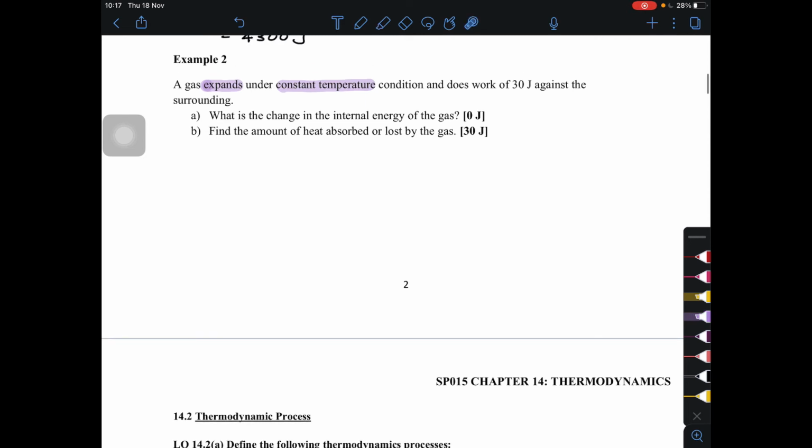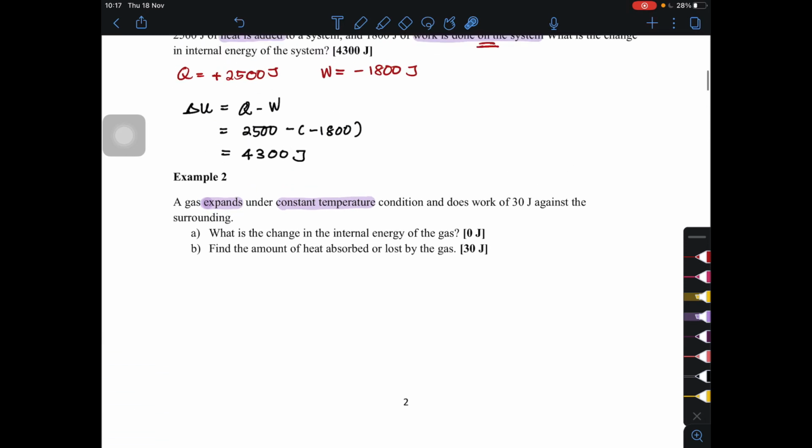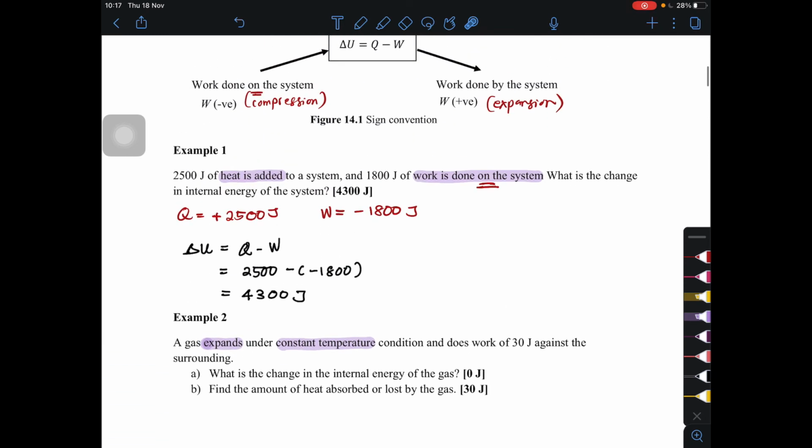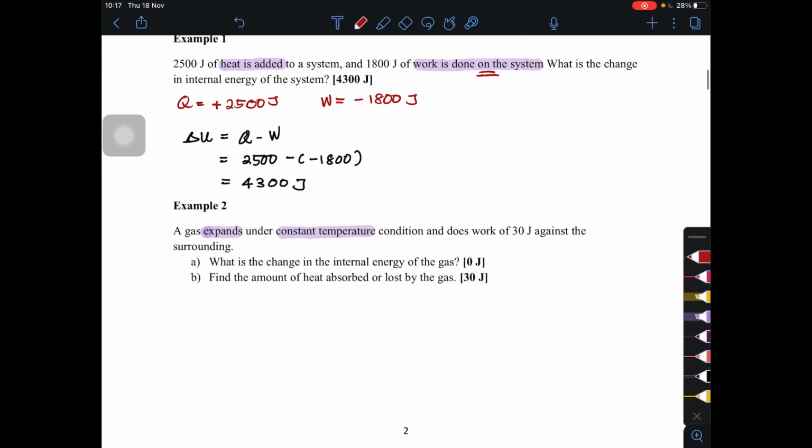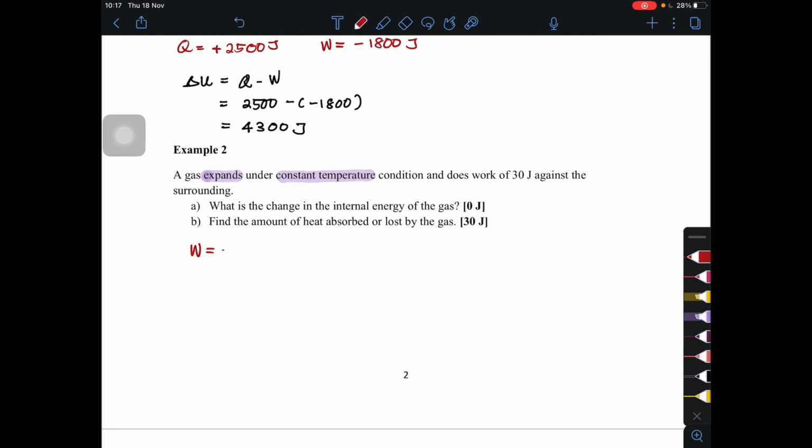If there is the keyword expand or expansion, it means the work is done by the system, so W will be positive, positive 30 joule.